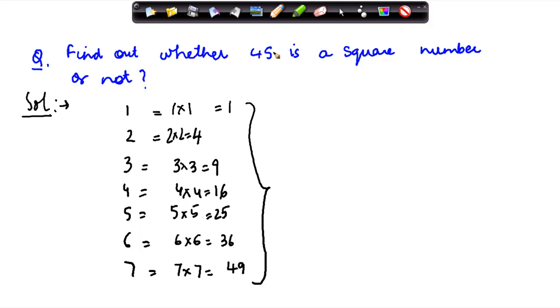Now 45, as I see, falls between 36 and 49. It lies somewhere here, right?